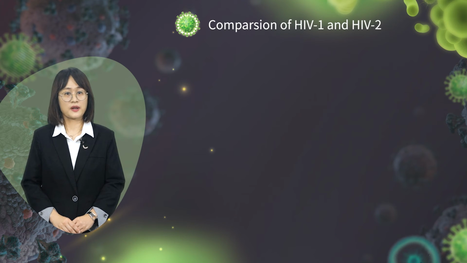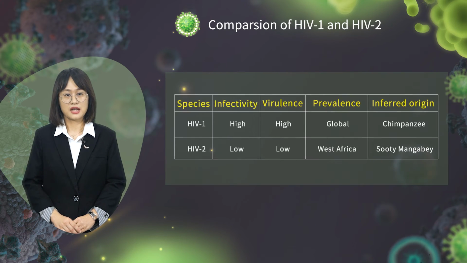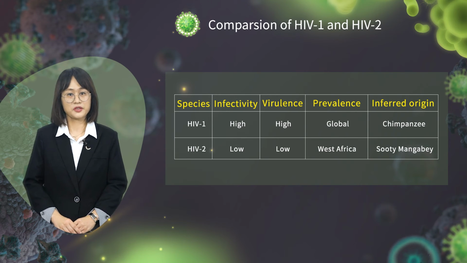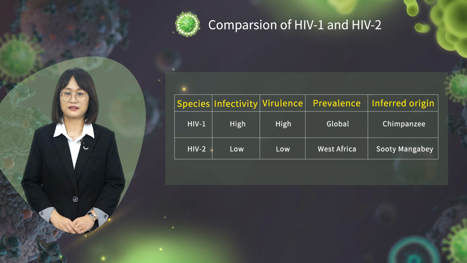As compared with HIV type 2, HIV type 1 has relatively high infectivity and virulence, resulting in a global epidemic. HIV type 2 is prevalent mostly in Western Africa, and the disease develops much more slowly.